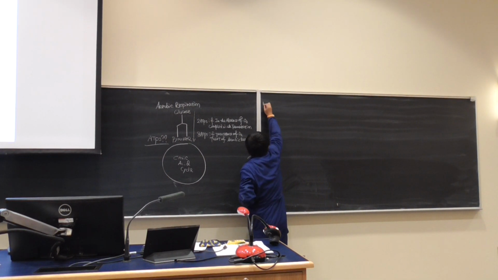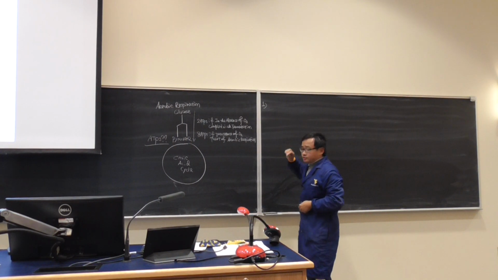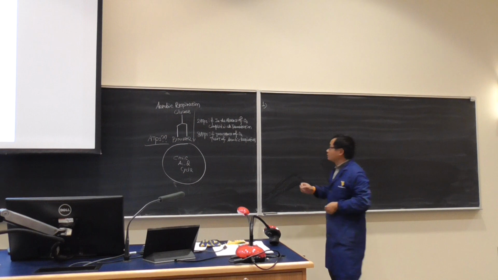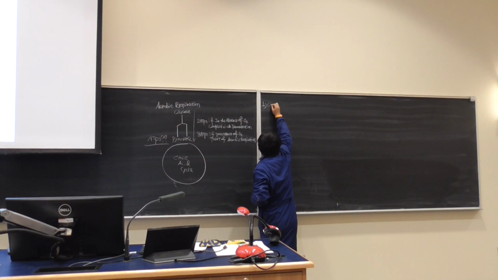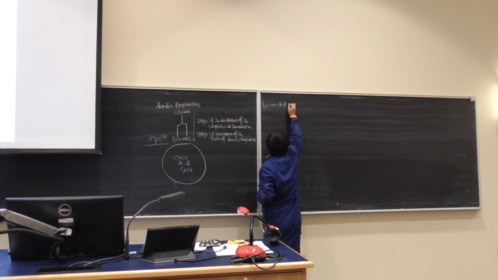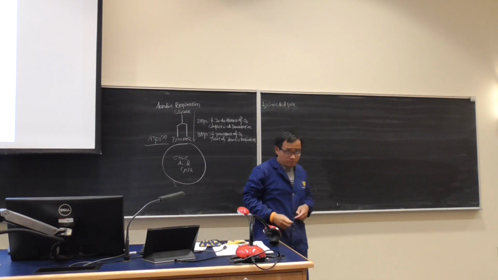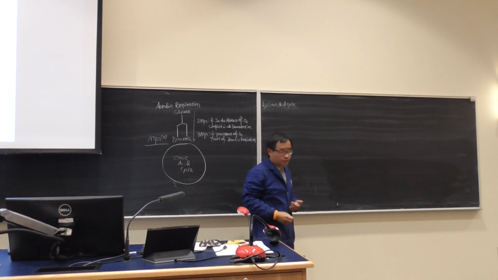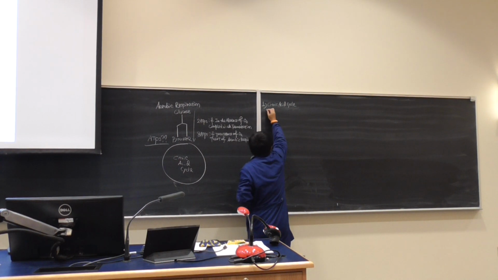First of all, for the citric acid cycle, there are several names you should know. We could call it the citric acid cycle, because the major component is citric acid, citrate. It could also be called the TCA cycle.